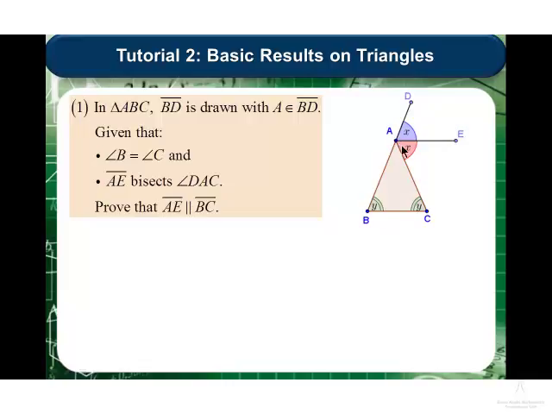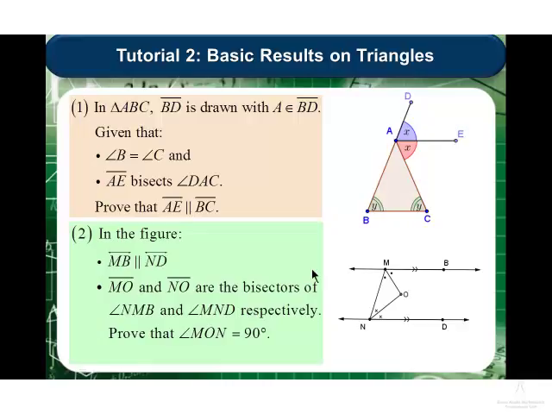So DAC, that is the exterior angle for the triangle ABC, is bisected by a line segment AE. We have to prove in such a case that the line segment AE is parallel to the line segment BC.